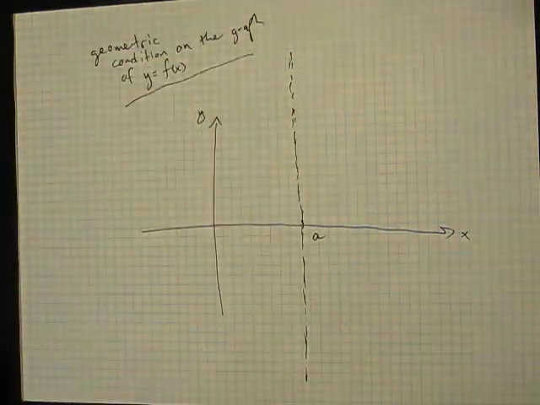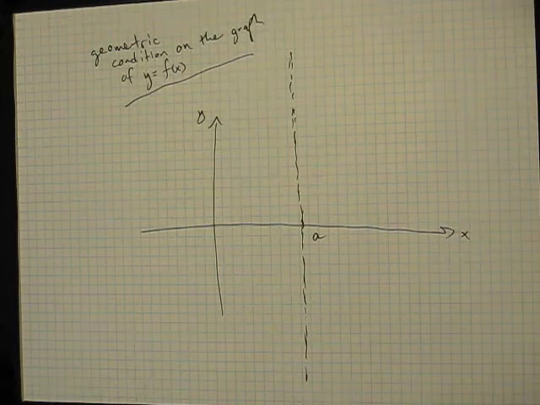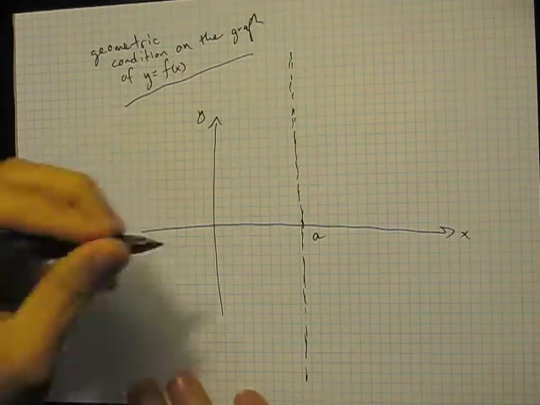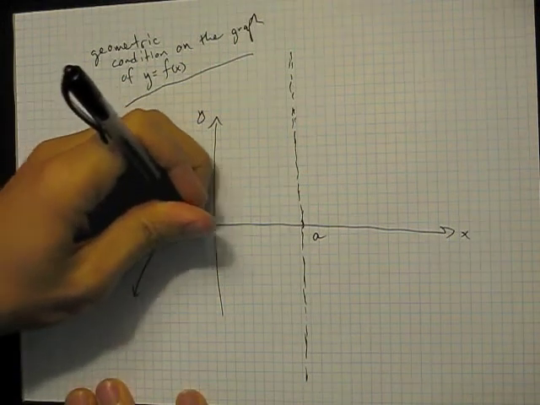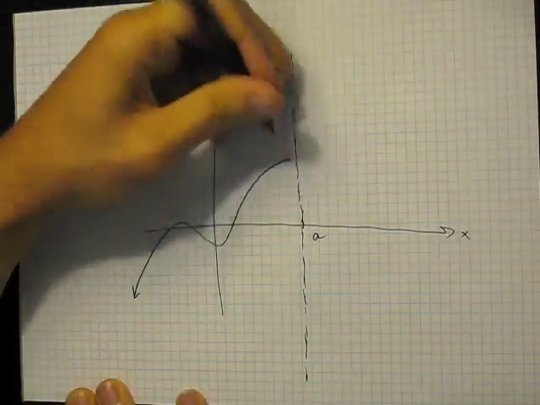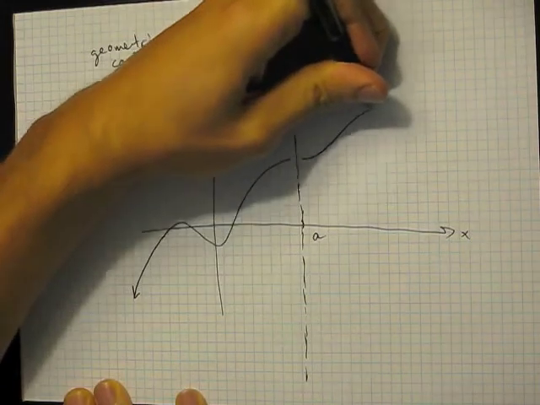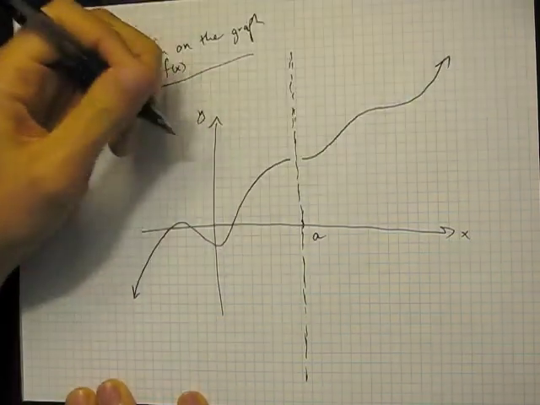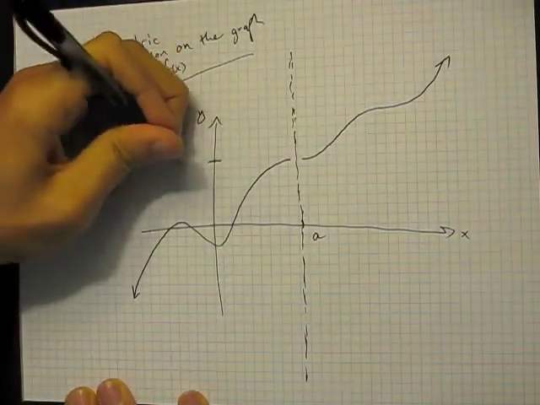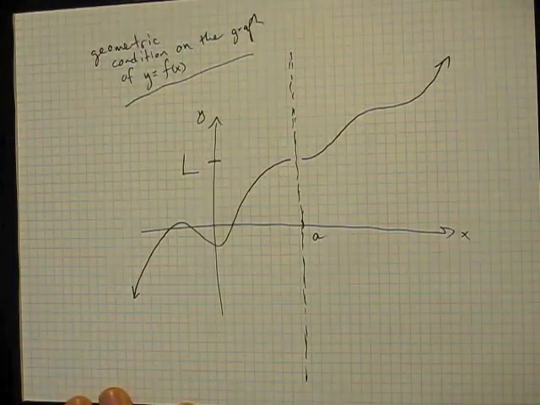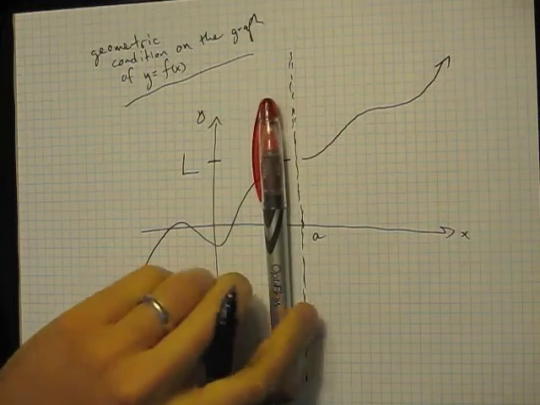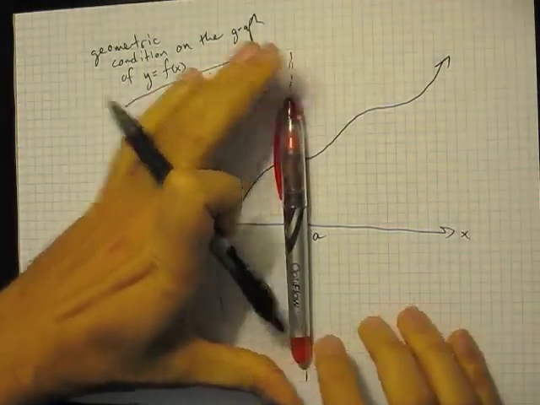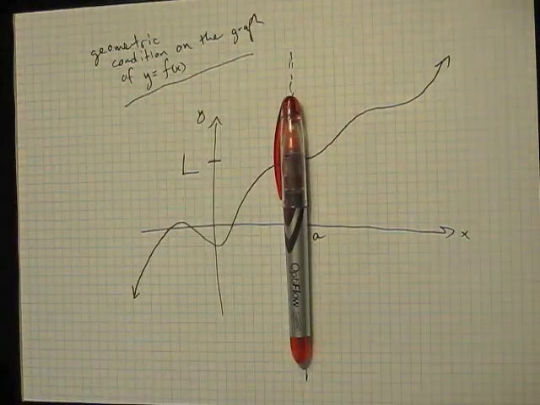But I'm going to draw a function that I'm just going to make up. Okay. So here is a function. There it goes. Okay, and this coordinate right here is the number L. So I'm literally blocking out what's going on right at the x value of a.